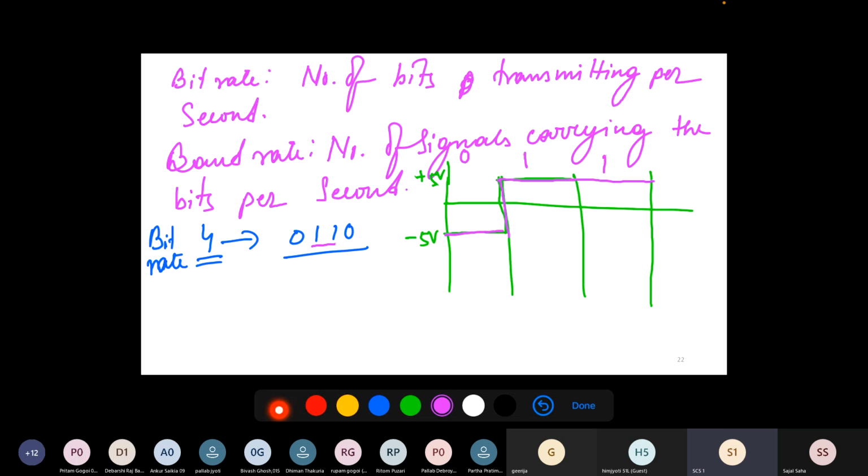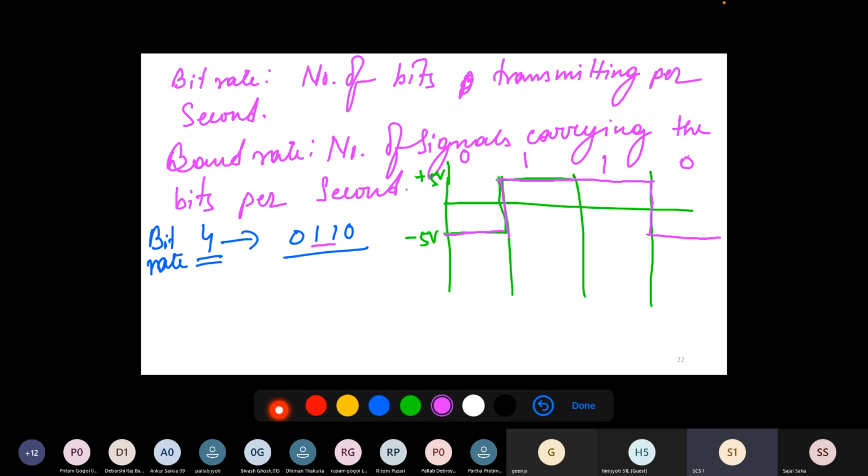Now in the next time period, it should represent plus 5 voltage or minus 5 voltage? Minus 5 voltage. Very good. So the signal will be 0, 1, 1, 0. Up to this much is okay, Girija? Yes, sir.